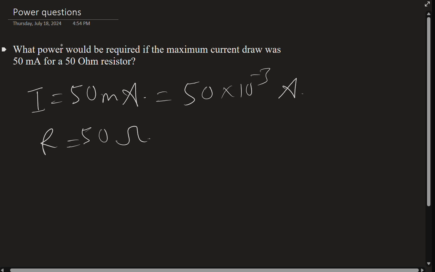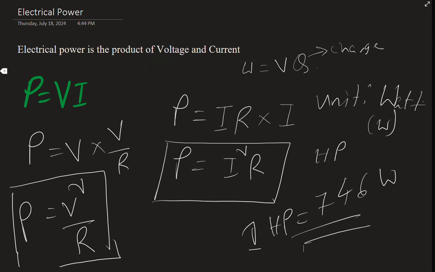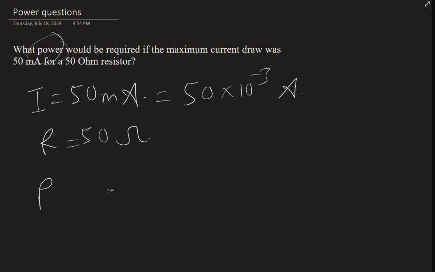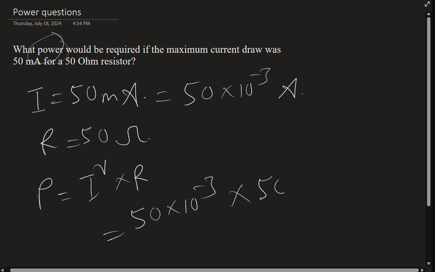What do we need? We need power. So we know from the first slide, we have P is equal to I squared R. So we have I and R. So P is equal to I squared R. The value of I is 50 into 10 inverse 3 in the SI unit, we don't need to write ampere, times resistance, 50 ohm.